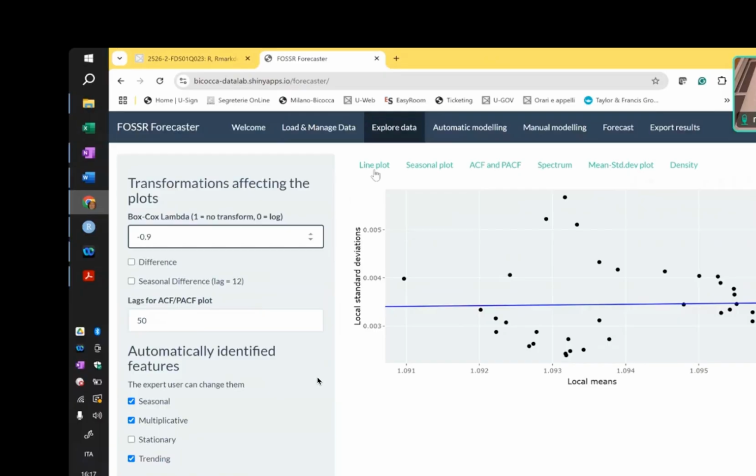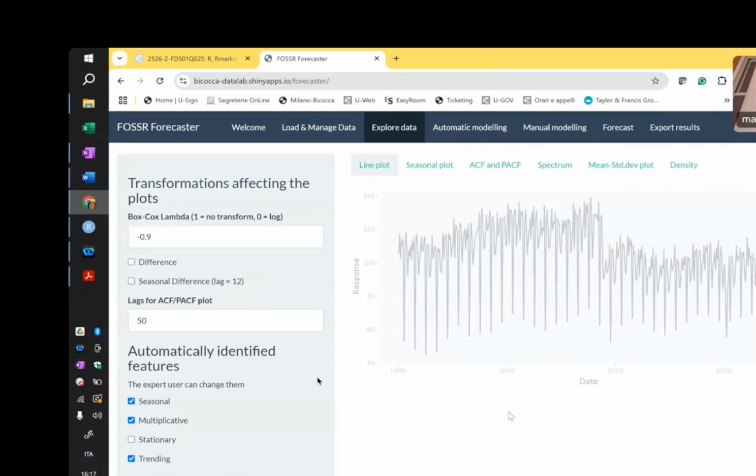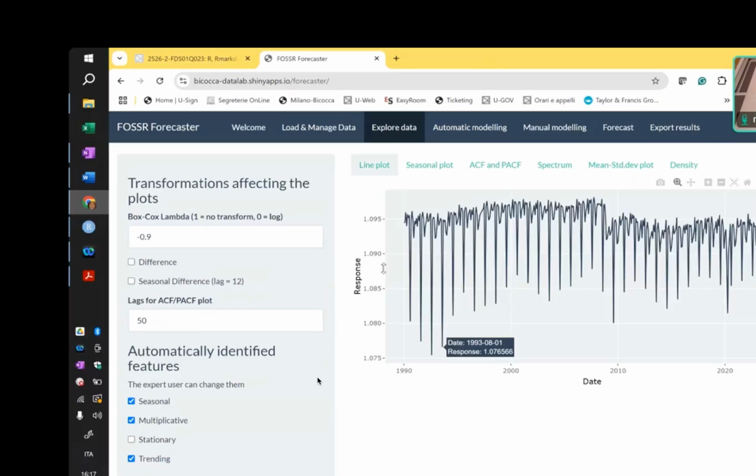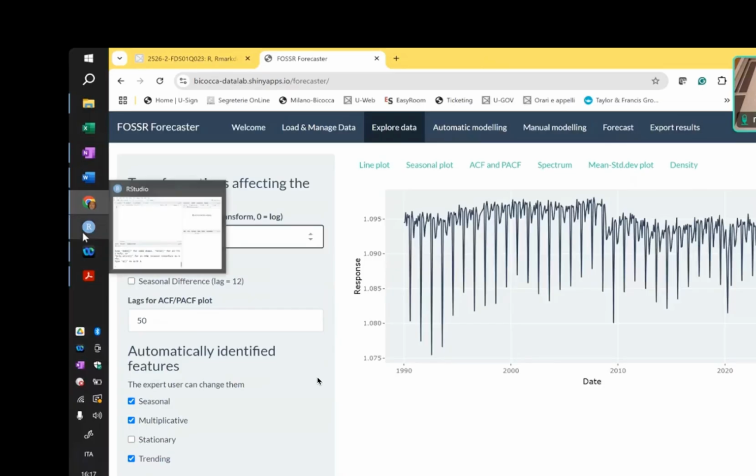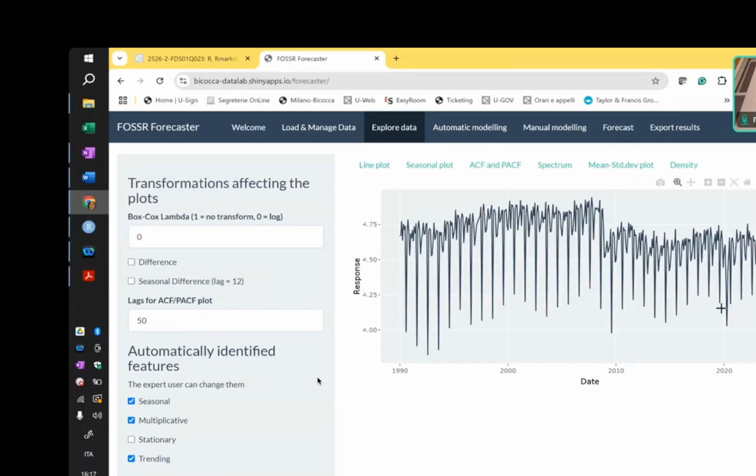This is worse than this; this is much better. Still, it looks like we cannot fix 100% of the problem, but we can keep in mind the two approaches: 0 or minus 0.9.